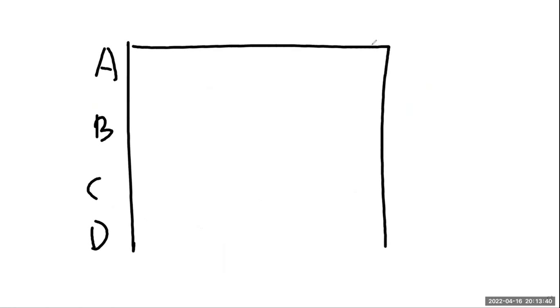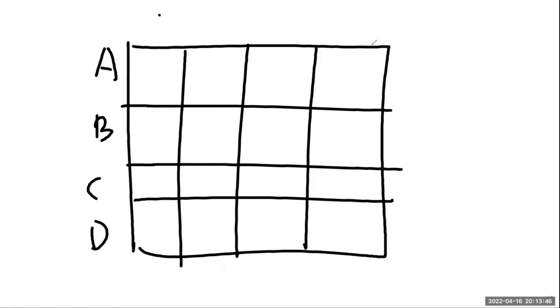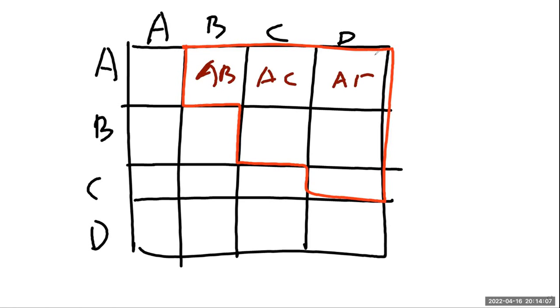But in a program, how can we generate it? We do have A, B, C, D, and we want to create all the combinations. One way you can do it is to use the upper triangle to generate it. You can generate AB, AC, AD, BC, BD, and then CD.